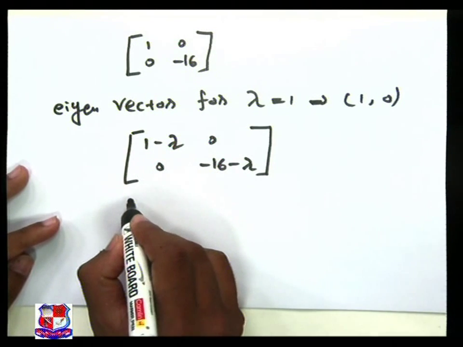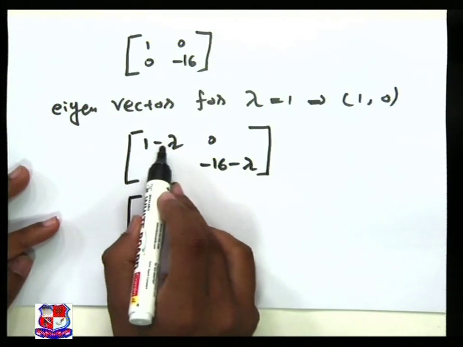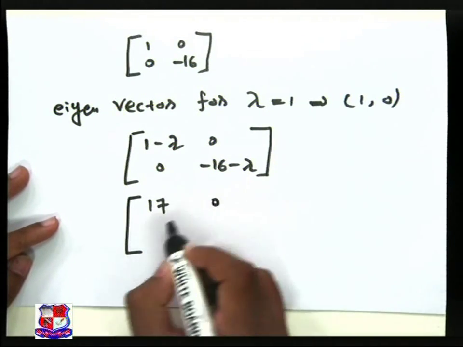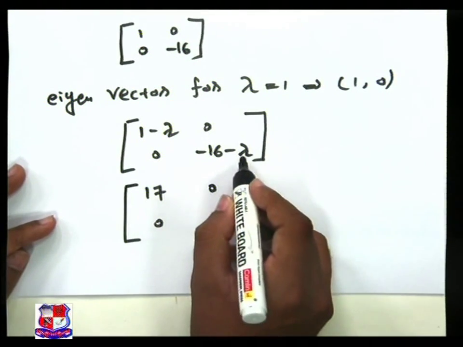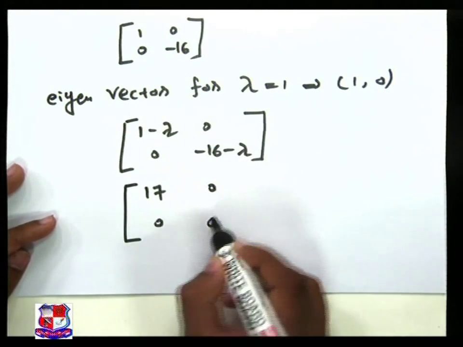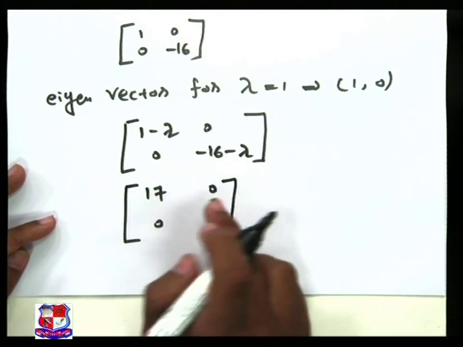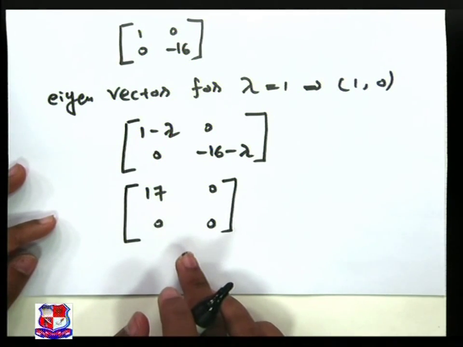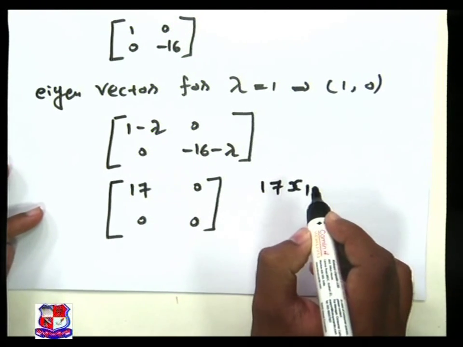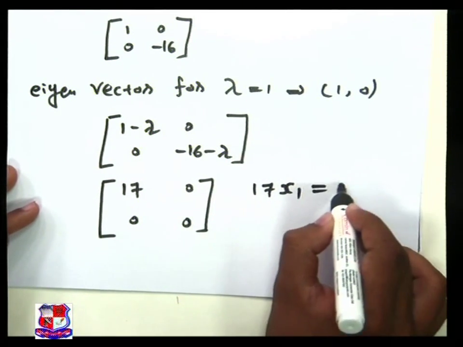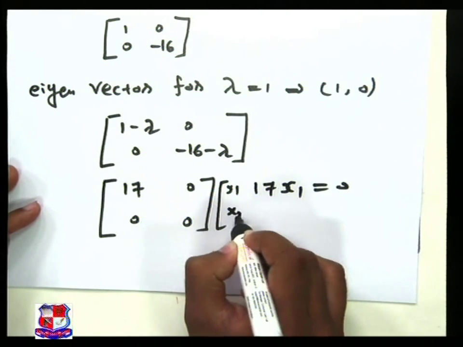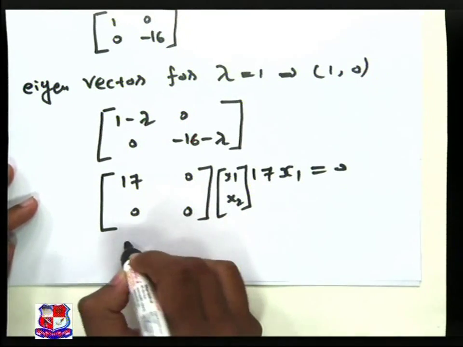So what do we get? 1 minus minus 16 is 17, then 0, 0, and if we put lambda equal to minus 16 here, we get 0, right? This is already a matrix in row echelon form, and from that matrix we get 17 x1 equal to 0, right? Because here we have x1 and x2 equal to (0, 0).